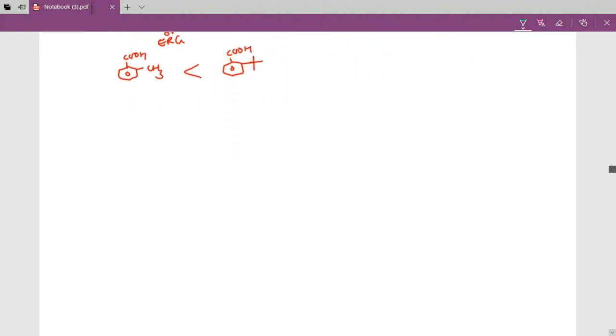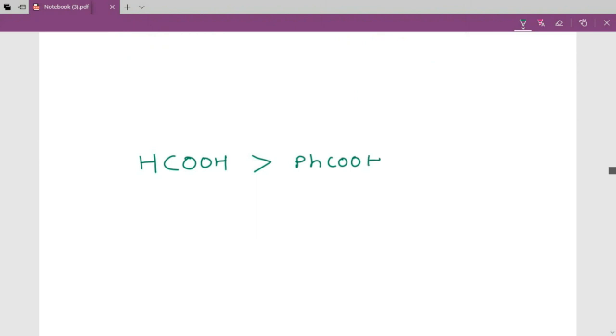Okay. Now I'm writing one particular point. Always remember, the overall order of acidity in case of carboxylic acids is: formic acid is strongest, then benzoic acid, and then the other aliphatic acids.